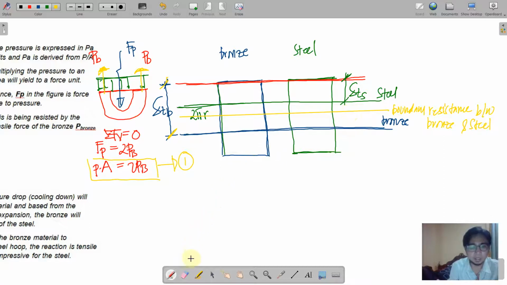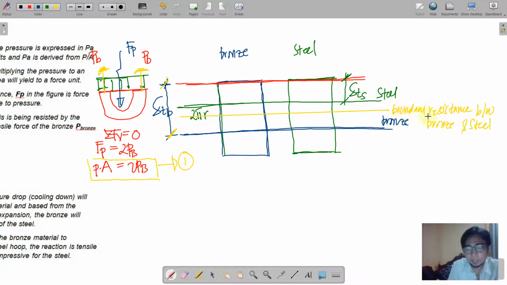Okay? Pinipigilan ng steel. At the same time, yung steel, nag-contract na nga yung steel. Madadagdagan pa yung pag-contract niya kasi iniipit ng outer hoop. So, what is the effect on the bronze rod? So, hindi ito mapu-full dito kasi nga pinipigilan ng steel.